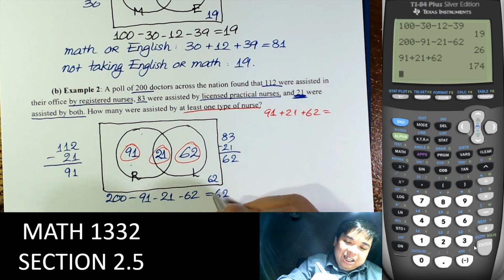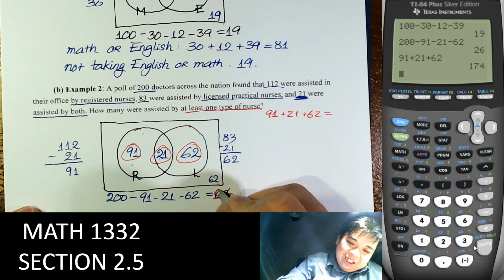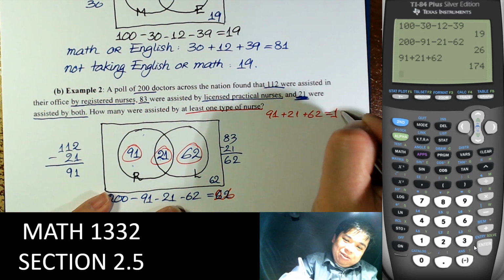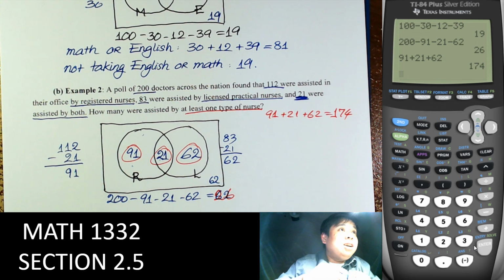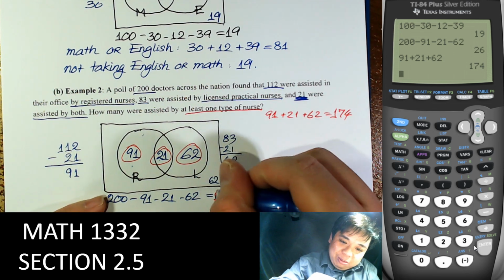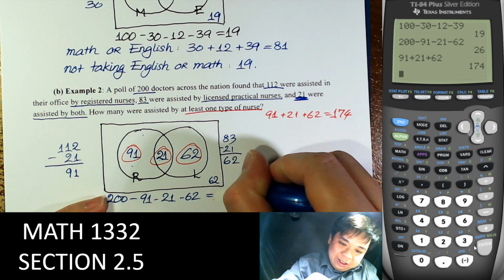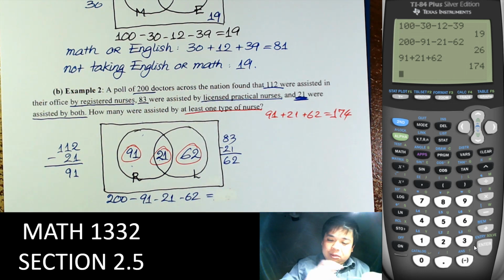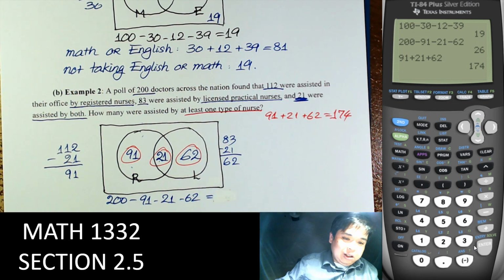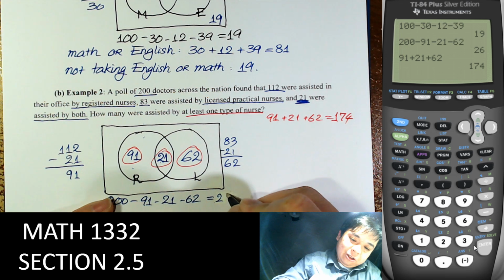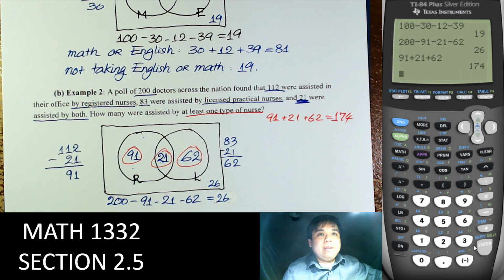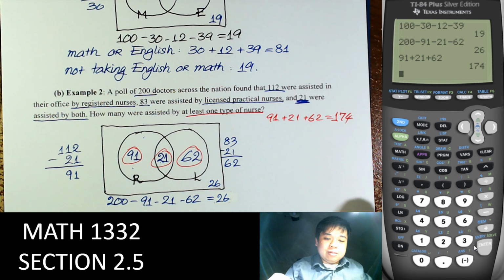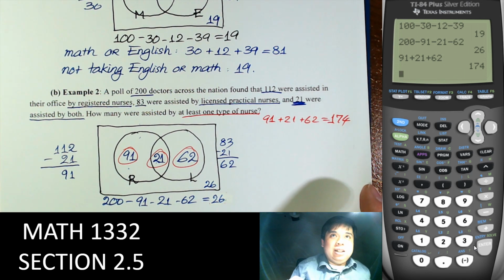Wait, sorry, that's 26 for the people not assisted, so 174 is correct for at least one type. So that's what we have for that problem.